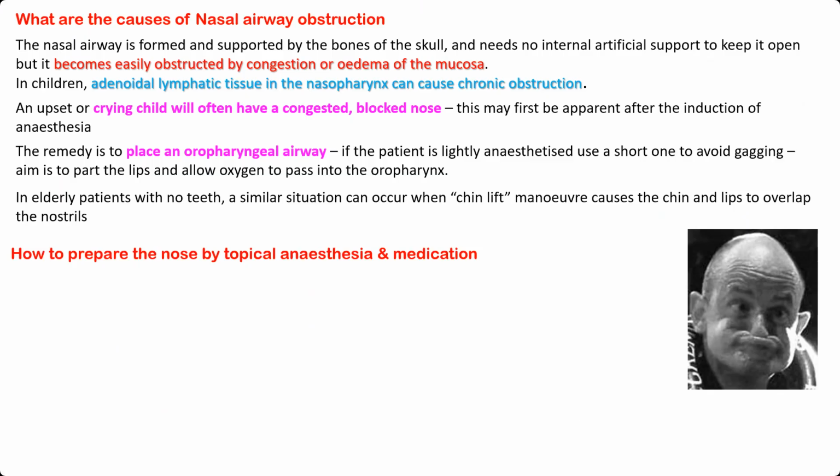What percentage of local anesthetic do we commonly use? 4% lignocaine. Very good. Excellent. So why do we require a larger percentage compared to your blocks? When you give a plexus block or a neural block, you are using only 1% or 2% lignocaine or 0.5% bupivacaine.